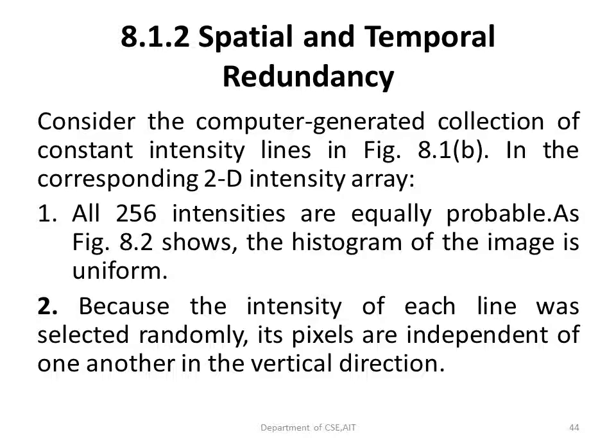That means you can have all the intensities in equal proportions, equally probable. You can have the colors. So the histogram for this particular image will be uniform. All the colors will have equal intensities. Because the intensity of each line was selected randomly, its pixels are independent of one another in the vertical direction.